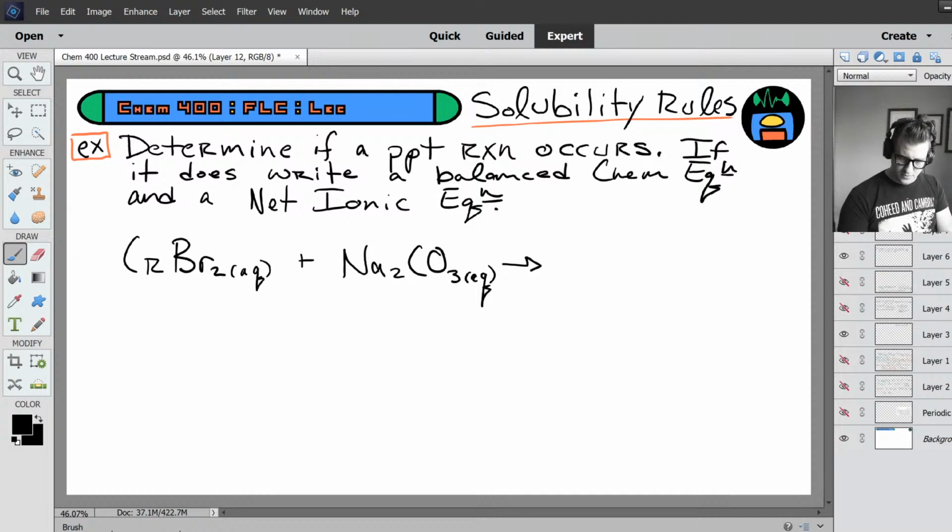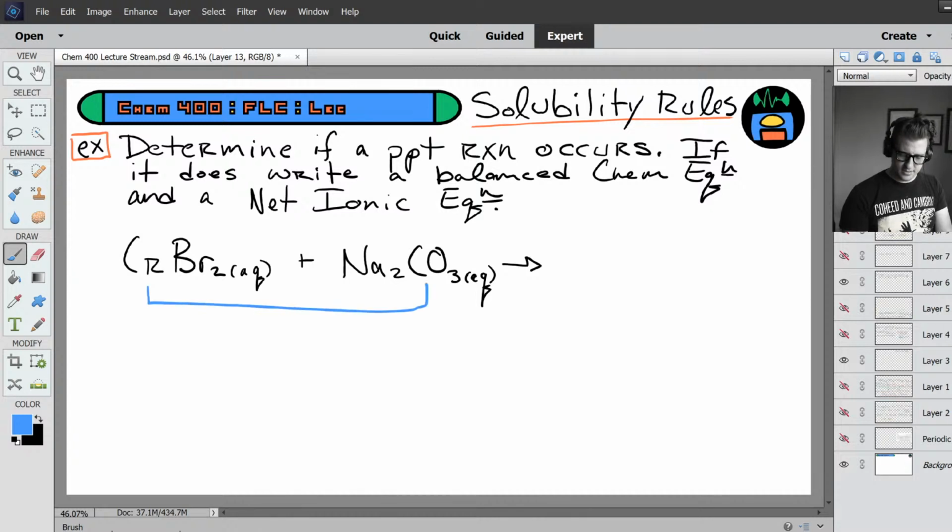All right, now we're kind of getting into our flow. We know that chromium pairs with carbonate. We know that sodium pairs with bromide. So let's write out our cations and figure things out.